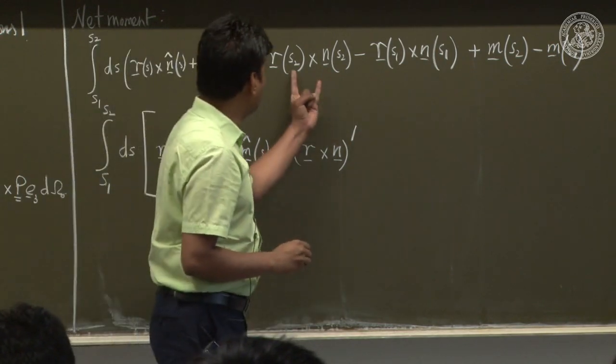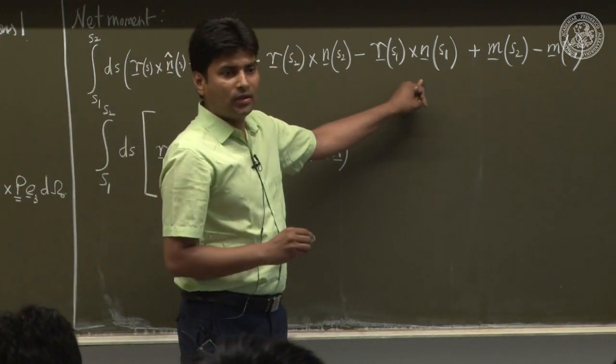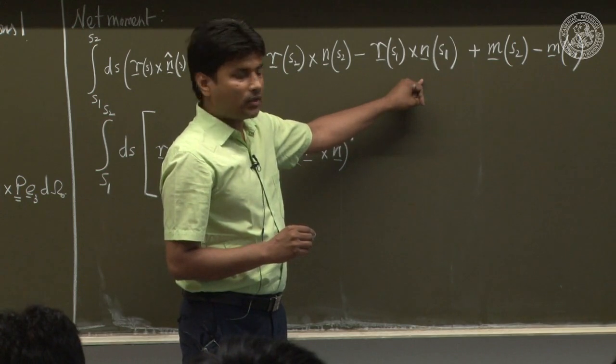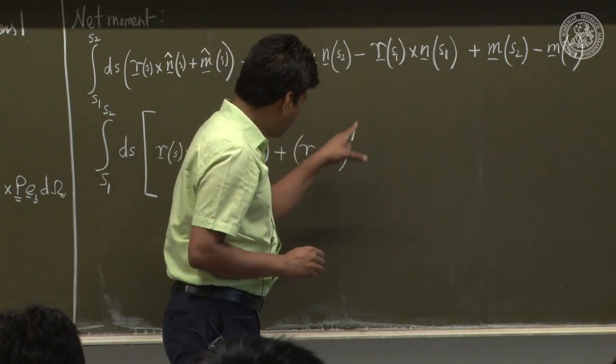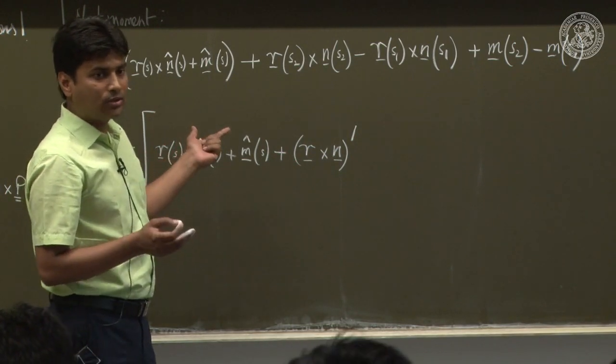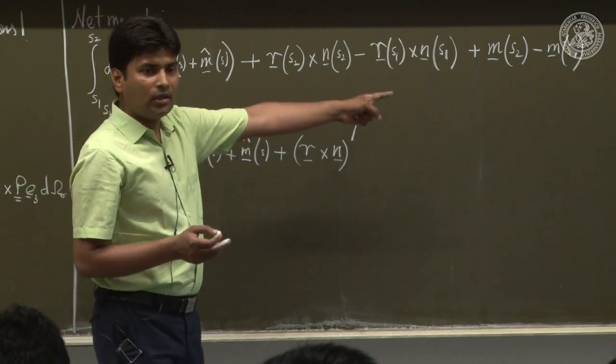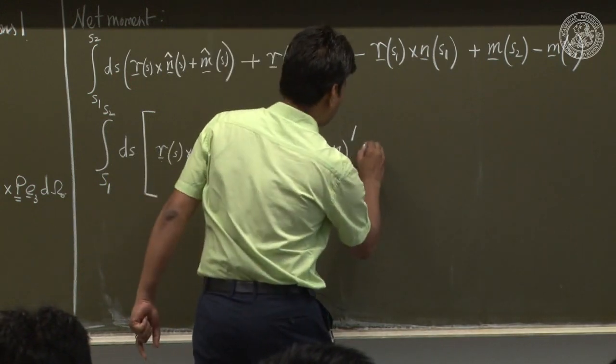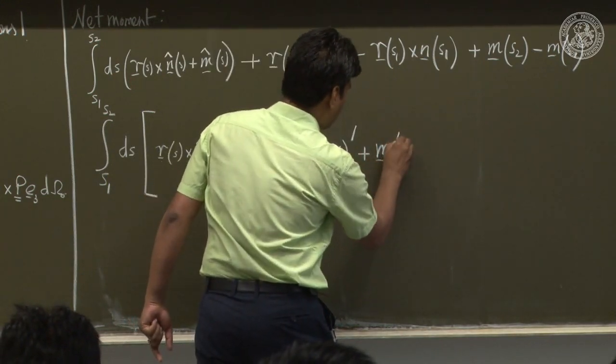You see, because we have this minus this, I could also very well write it as R cross n prime and then integrate. You will just get the boundary term which are here, and same thing for the moment. So, this becomes plus m prime.